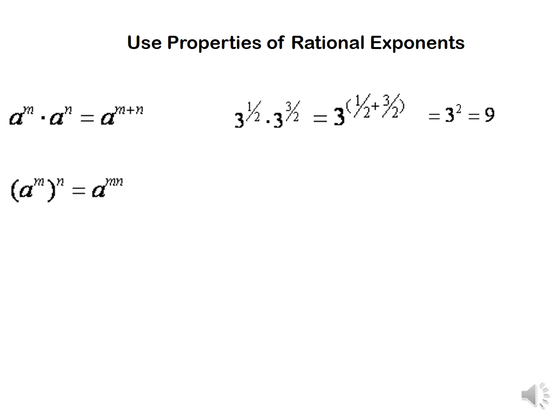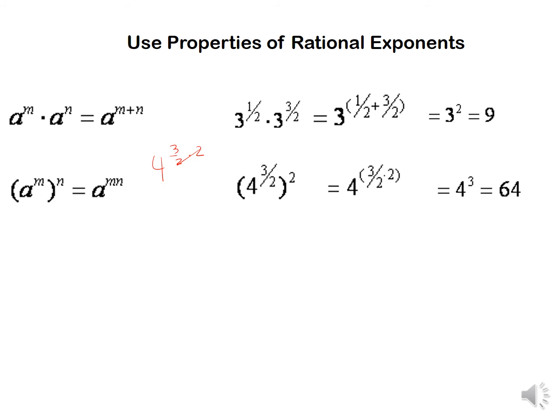The next example is a power raised to a power, and when we have those, we multiply the exponents. So again, if we had this example, 4 to the 3/2 times 2, we would multiply, and remember in this example, you've got 4 to the 3/2 times 2, the 2's cancel, that becomes 4 to the 3rd, and that is 64.